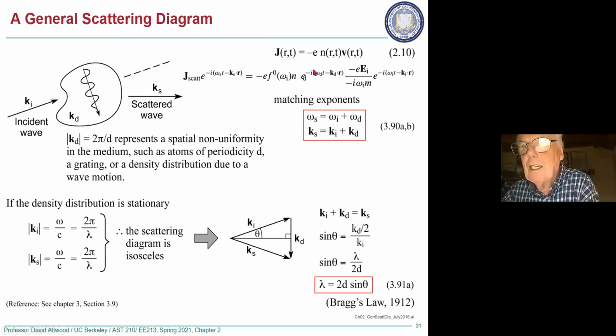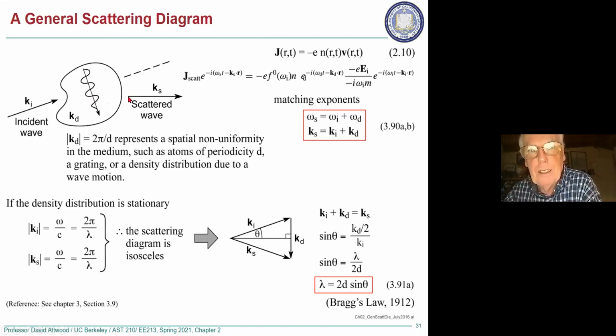But if you just look and match the frequency parts, whatever the frequency is here, it must be equal to the frequencies in the exponent here summed. So just matching the exponents, you'll get that the scattered radiation has a frequency equal to the incident radiation frequency plus the frequency of the oscillation here. So again, for a crystal, this would be 0. But for a plasma wave, not 0 at all. Could be quite comparable.